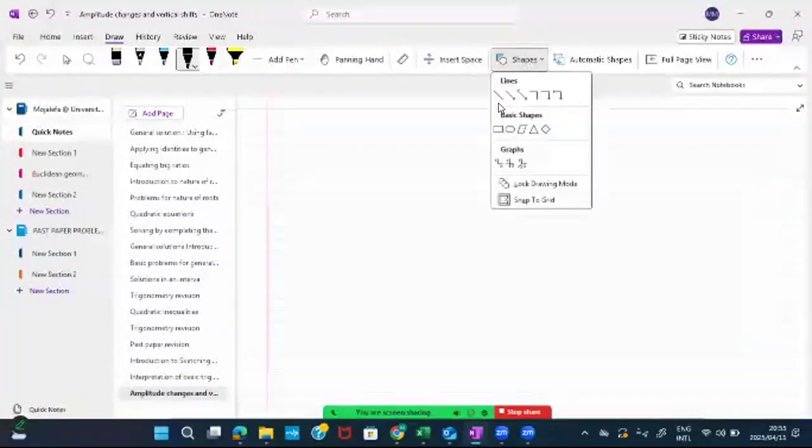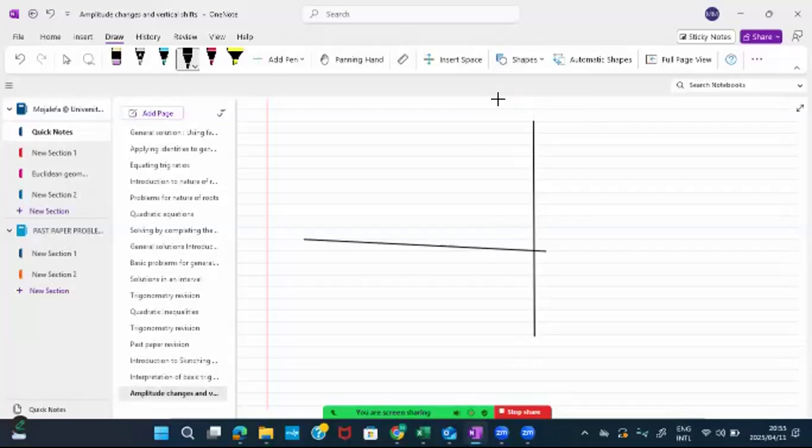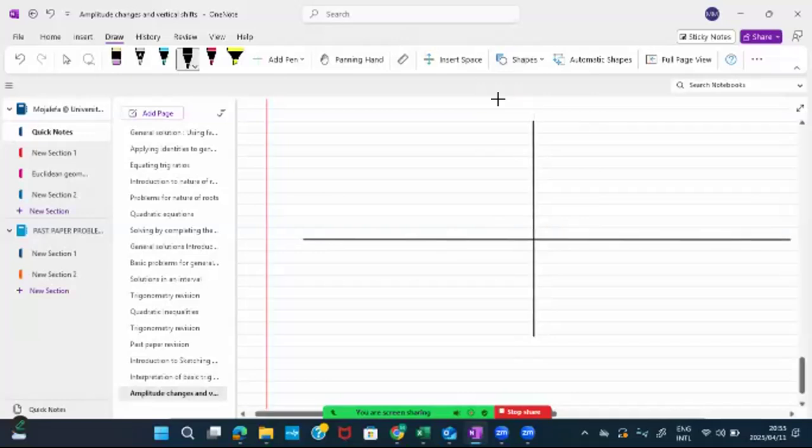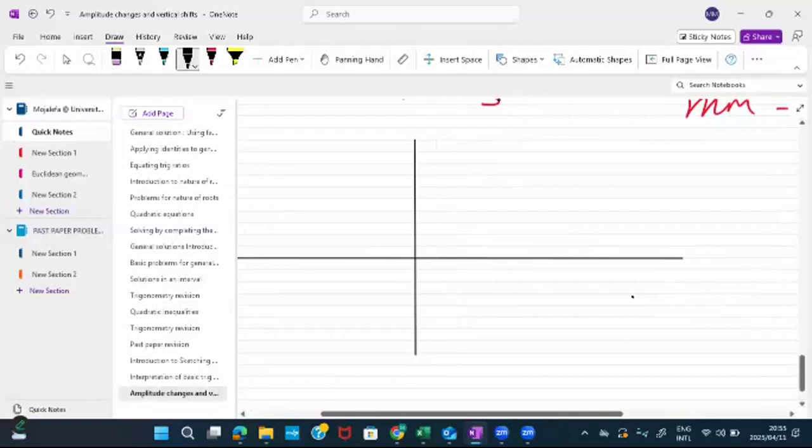Okay, let me now put the lines for me to draw. The first and foremost thing that you must remember is how we move in the domain of sine.